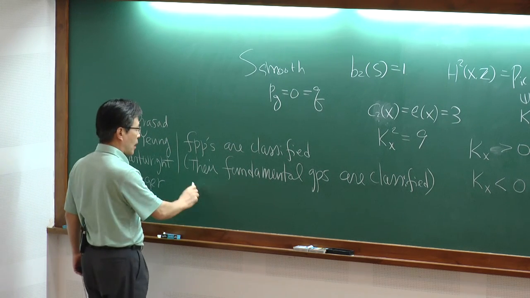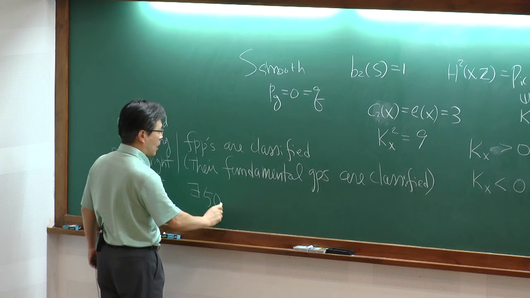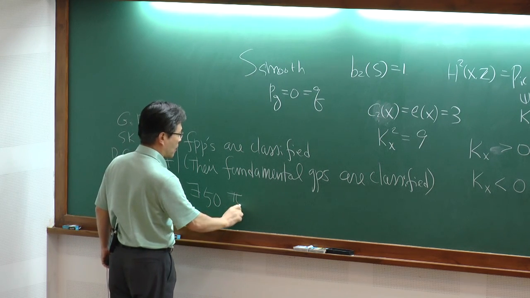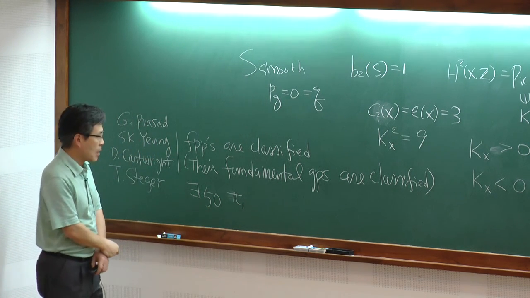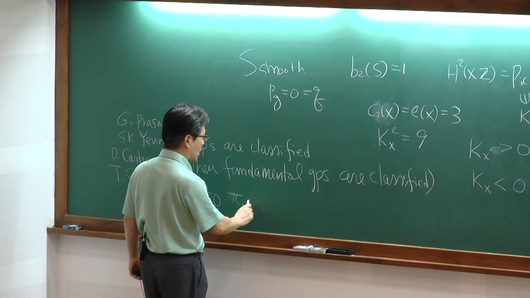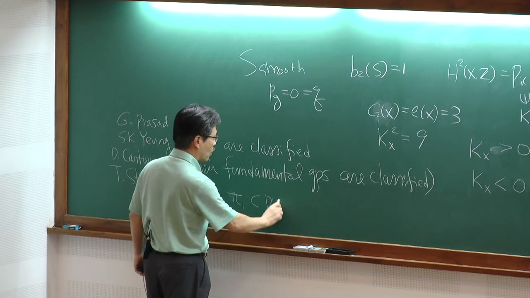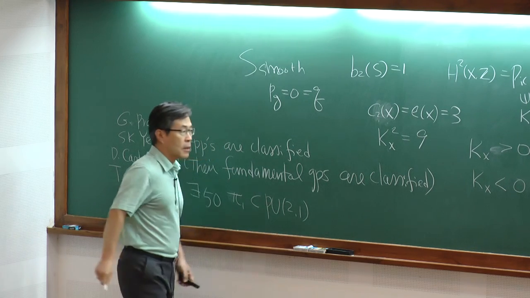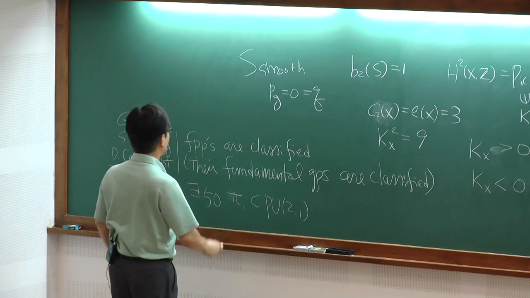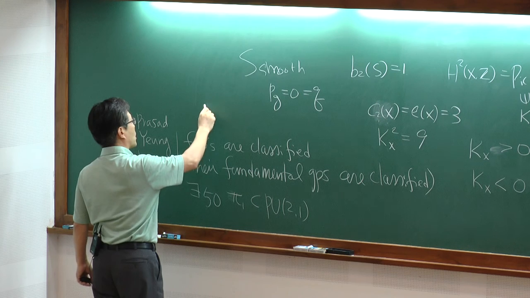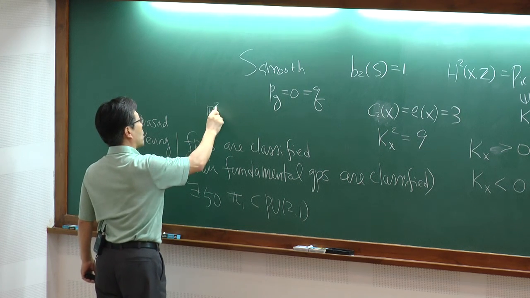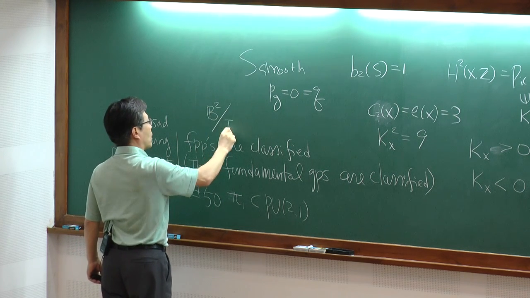So there are 50 possible fundamental groups. These fundamental groups are all subgroups of PU(2,1). In this case, they are all ball quotients. So a fake projective plane is always a ball quotient of the two-dimensional ball by a fundamental group.